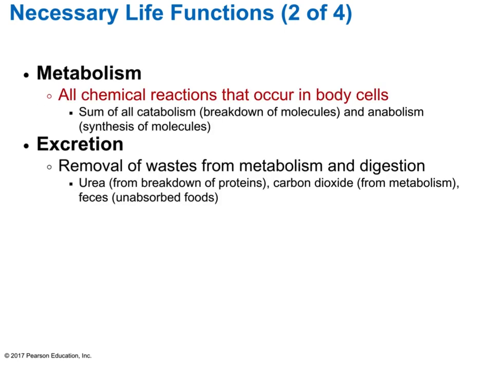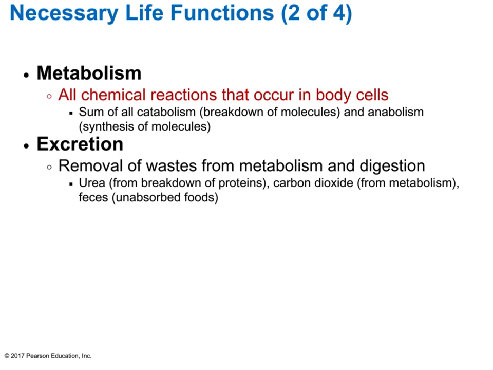And since we're talking about digestion, let's go ahead and talk about metabolism. Metabolism includes digestion processes. Digestion processes break down molecules. Those types of reactions are considered catabolic reactions, or a result of catabolism. The reason metabolism is different from digestion is metabolism also includes anabolic reactions, or the synthesis of building molecules.